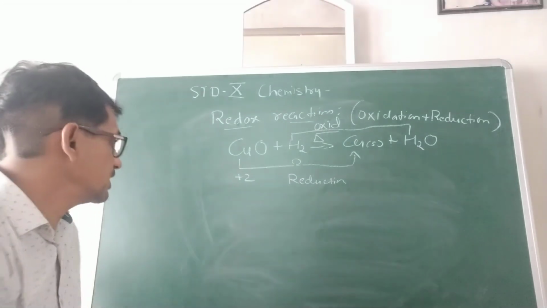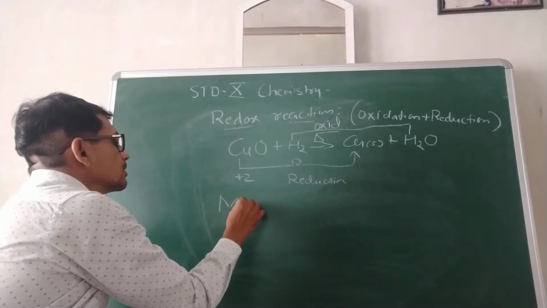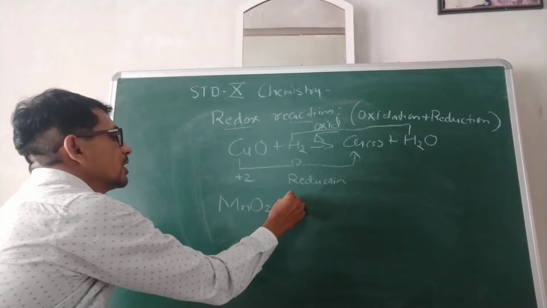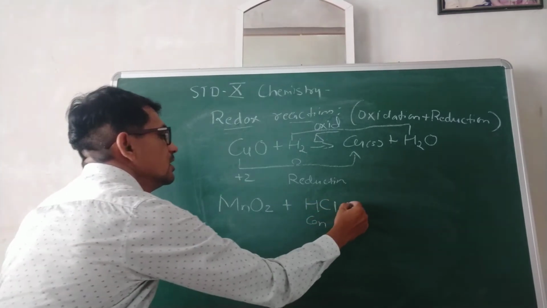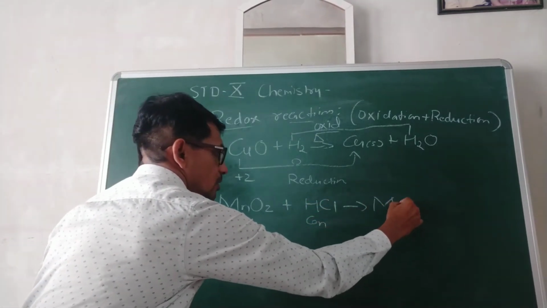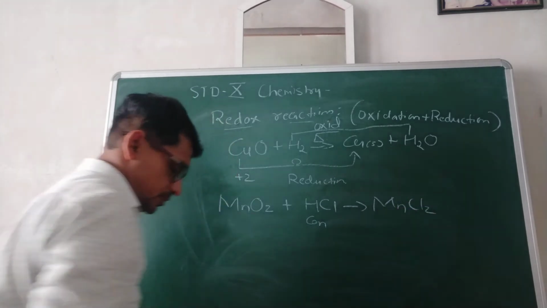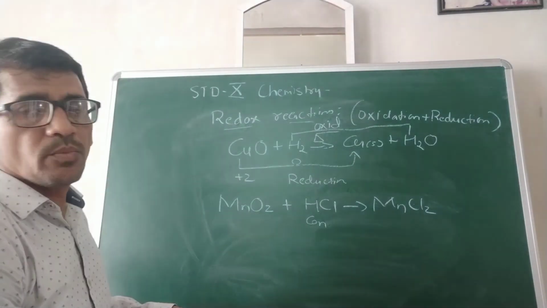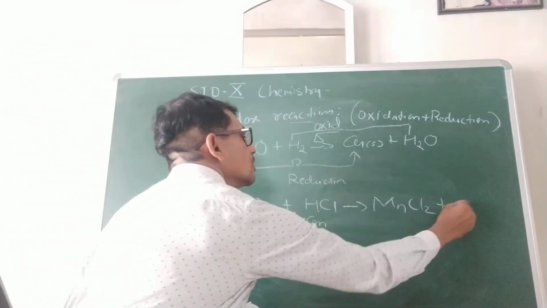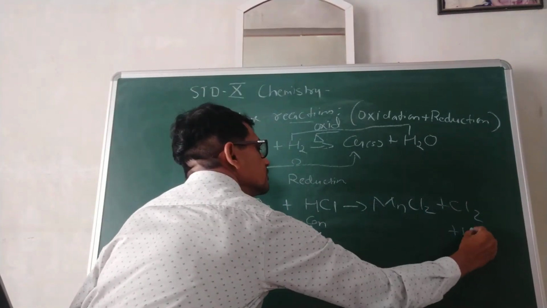The second example we take is MnO2. MnO2, when treated with concentrated HCl, is converted into MnCl2 plus chlorine plus water.